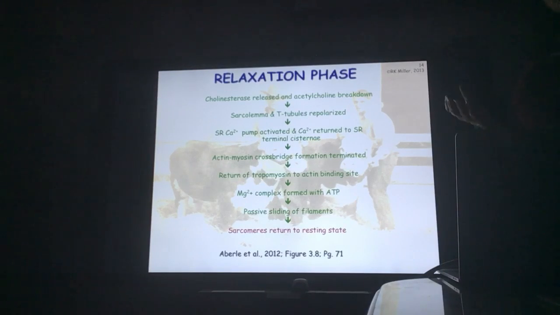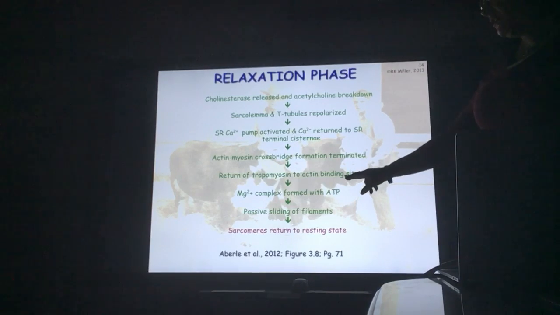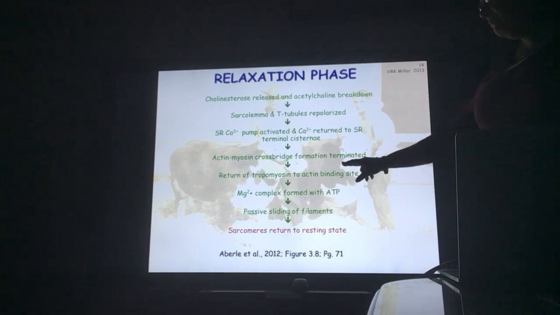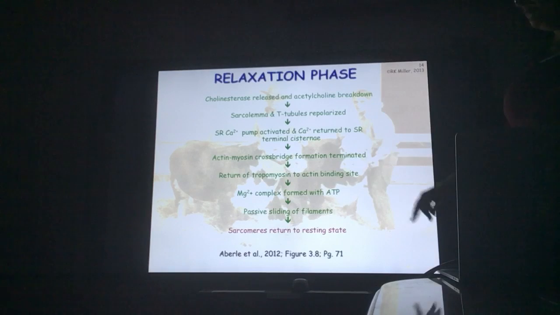Tropomyosin can then move over the binding site again. Oh, we have a problem though. Tropomyosin can only move across the binding site if we first terminate this actin-myosin cross-bridge formation.